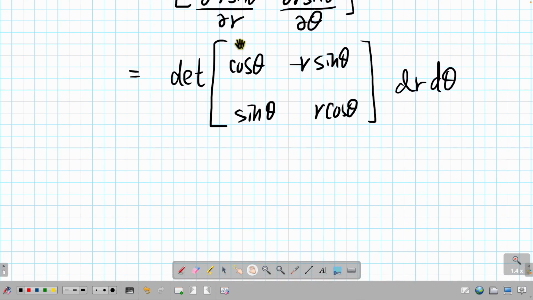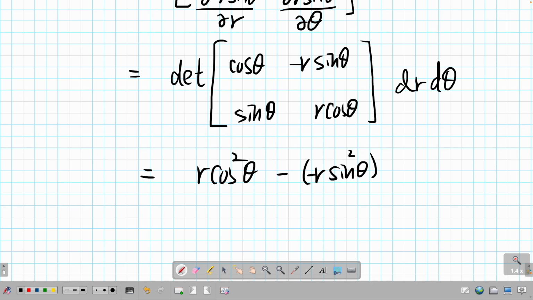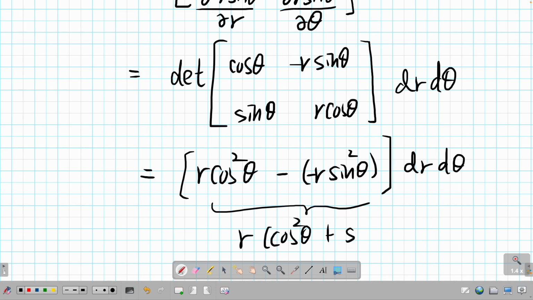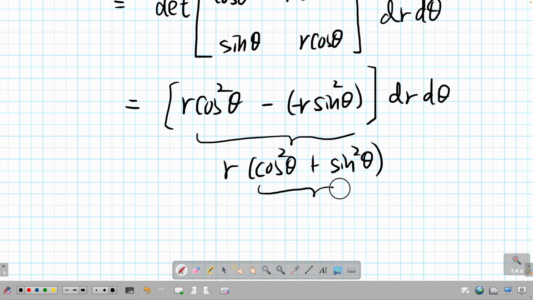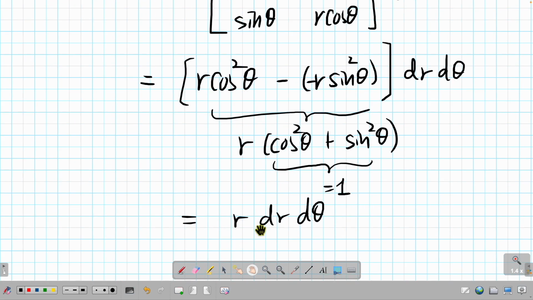So now we get this term, and then we take the determinant of this matrix, which is this term multiplied by this term, subtracting this term multiplied by this term. So we have this.